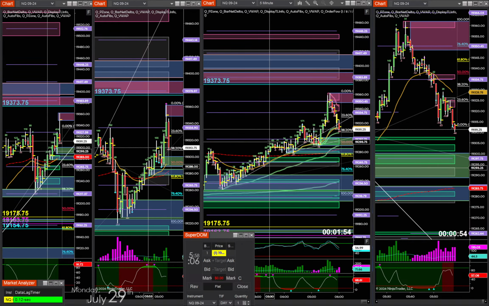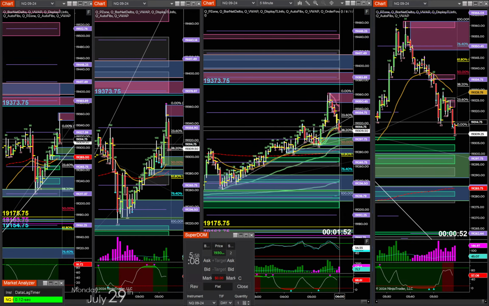Yeah. So the footprint that you're talking about there, the POC, that's a custom indicator. It's not a built-in feature within Ninja.